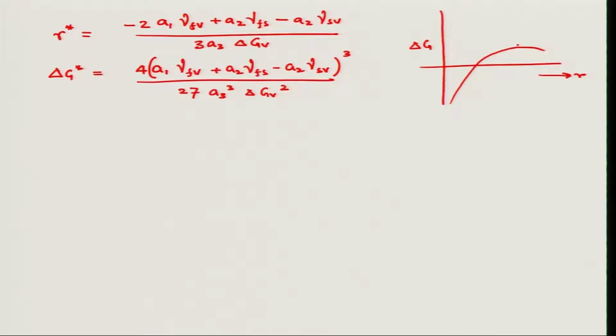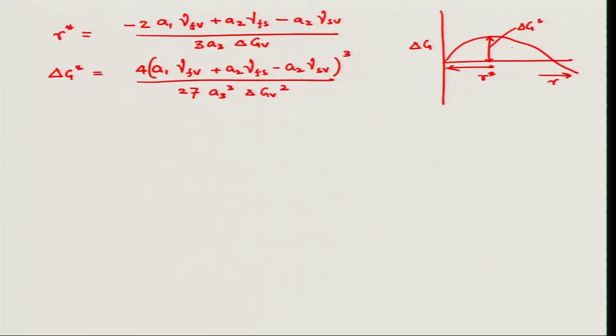Delta G would have a behavior like this for nucleation and growth. If R is 0, then there is no change in free energy, so it will be like something like this. This is delta G star and this is R star.